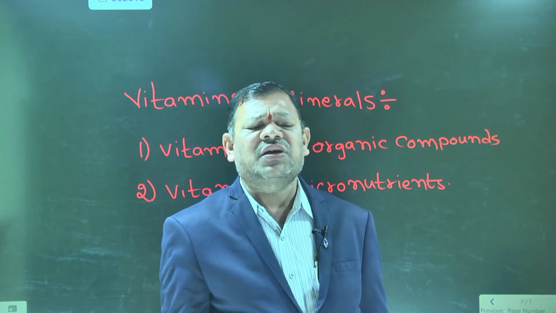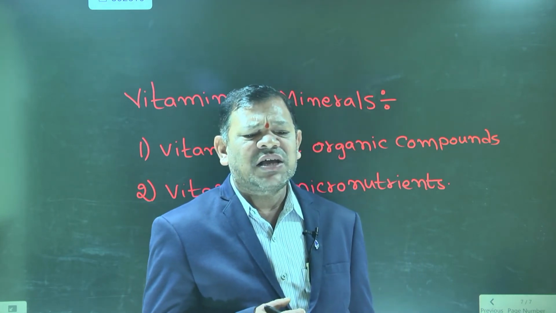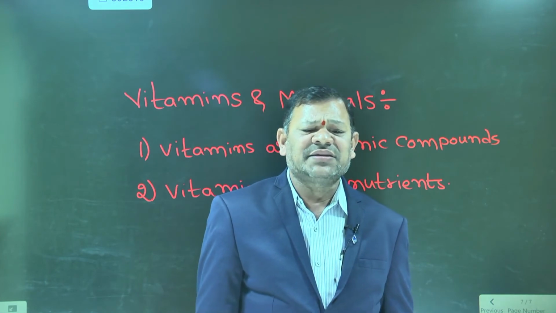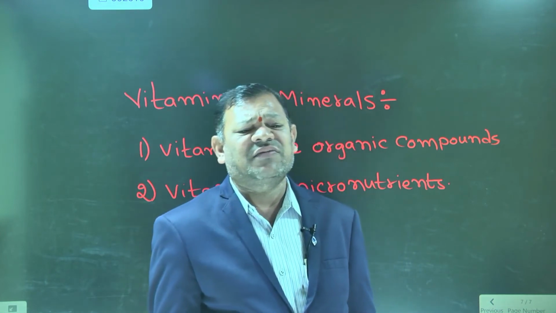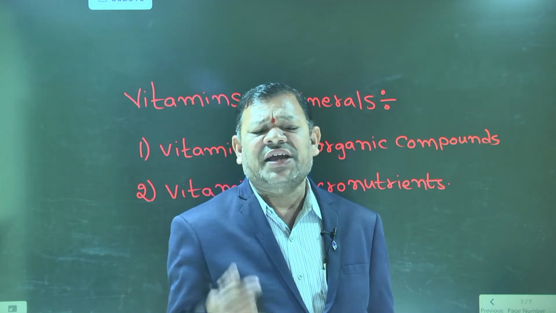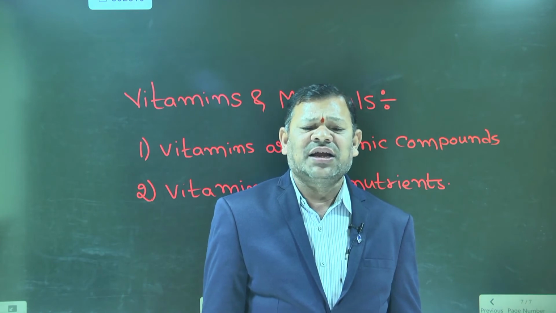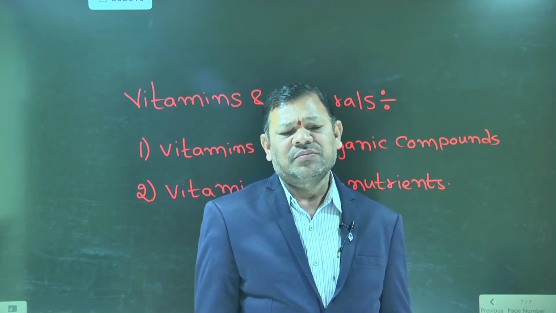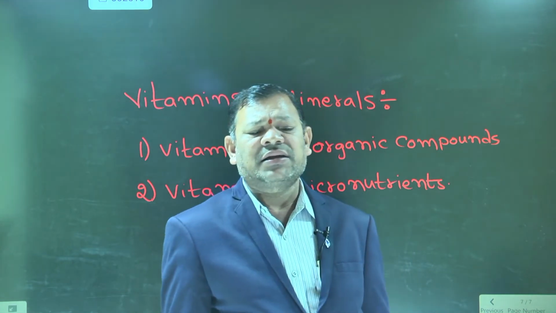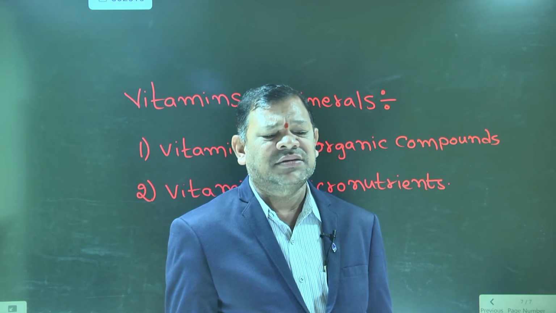Second, in our small intestine, some bacteria can synthesize some of the vitamins. So if you knowingly or unknowingly take a large amount of antibiotics, you are indirectly and directly killing the microorganisms that produce those vitamins.